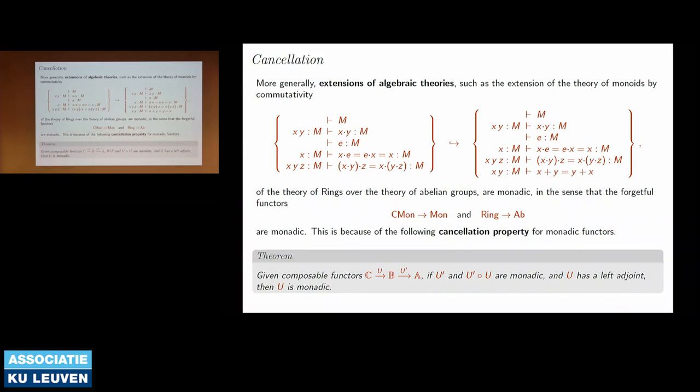So that means that arbitrary maps or extensions of algebraic theories are monadic, and the same works in the many-sorted case. The only thing that is not monadic is adding additional sort symbols. That's never going to be monadic.